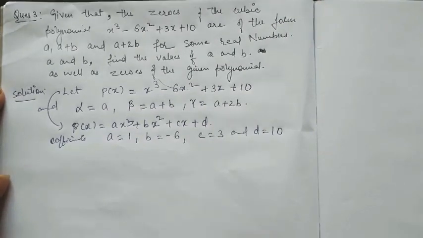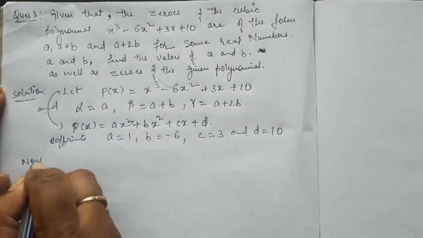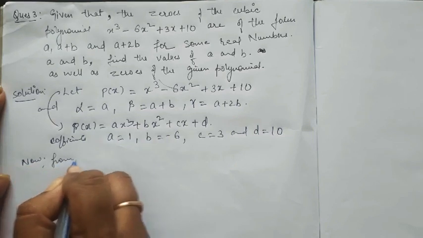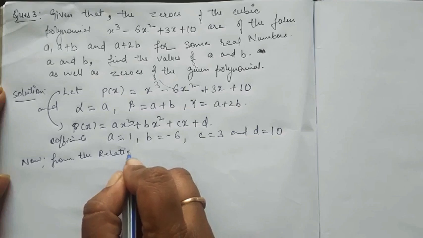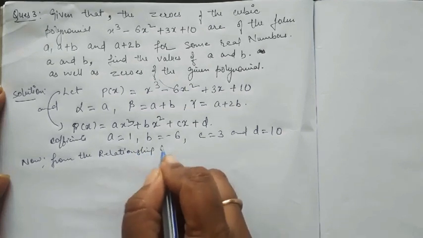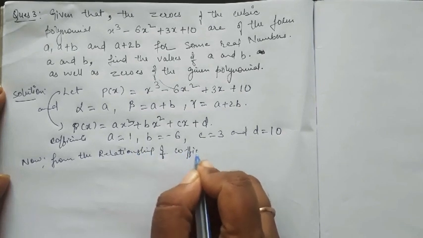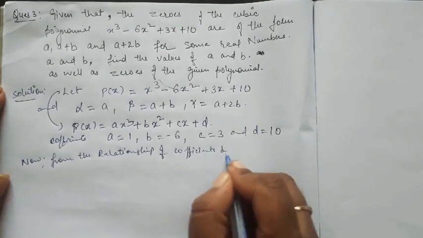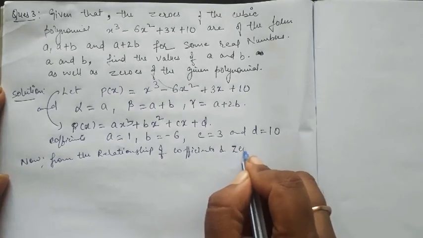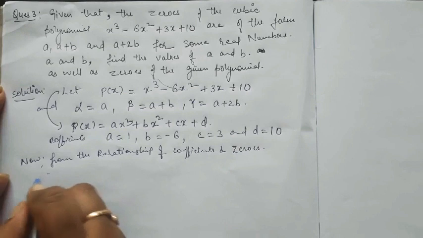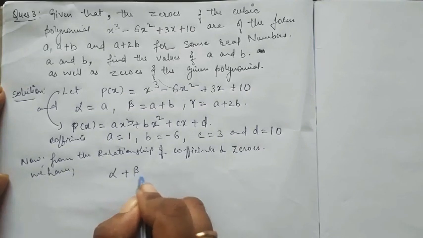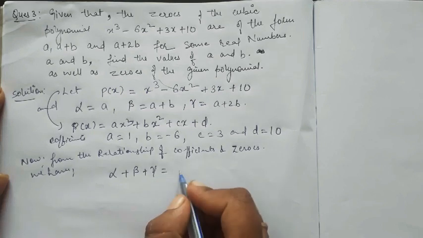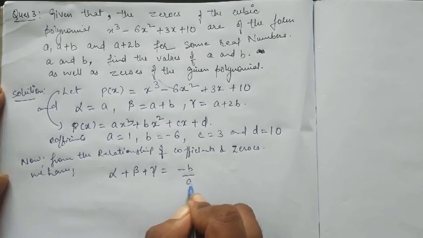Okay, so now from the relationship of coefficients and zeros, we have alpha plus beta plus gamma is equal to minus b by a.